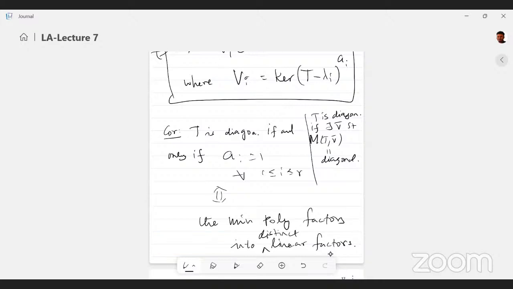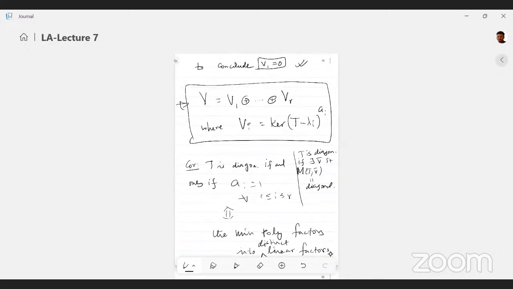So then only I can say T is diagonalizable. So it's a very important corollary that comes for free. And that is obvious now, because if the ai are 1, then Vi becomes the kernel of T minus lambda I identity. That means T acts as lambda i on that subspace. So that is the eigenspace.